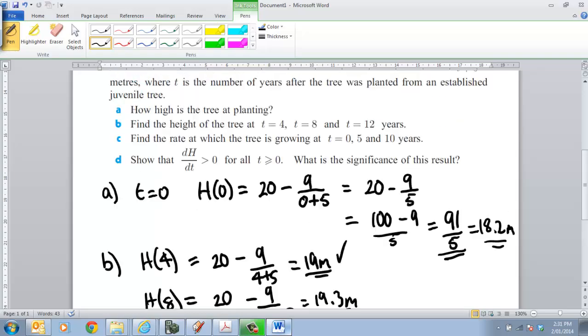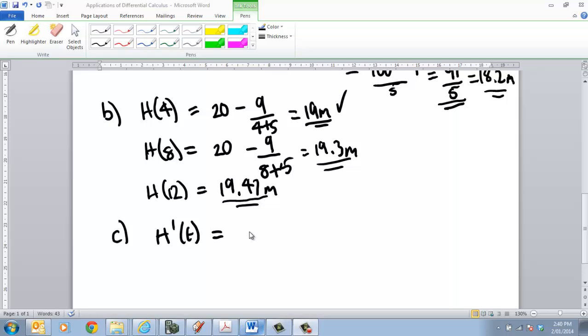Alright, next part says find the rate at which the tree is growing at t equals 0, 5 and 10. Now, when you start talking about rates, we have to actually differentiate. So the 20 term goes out, and we probably need to rewrite h of t as 20 take 9 times (t plus 5) to the minus 1.